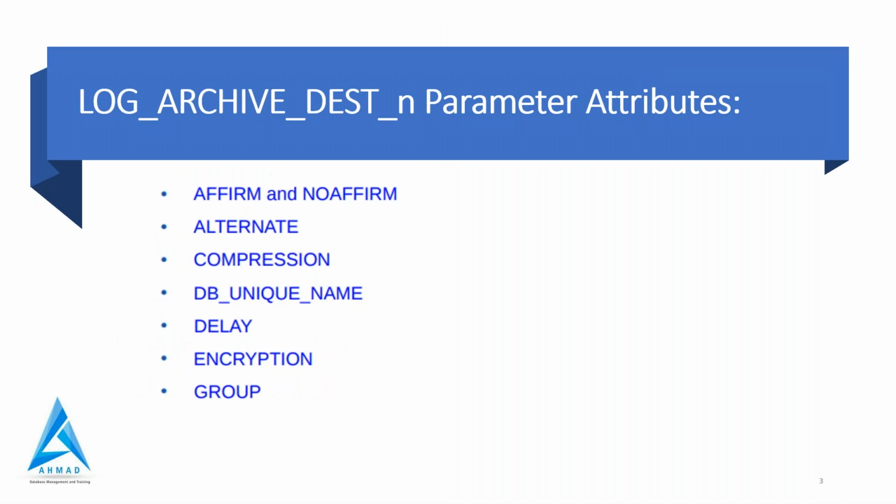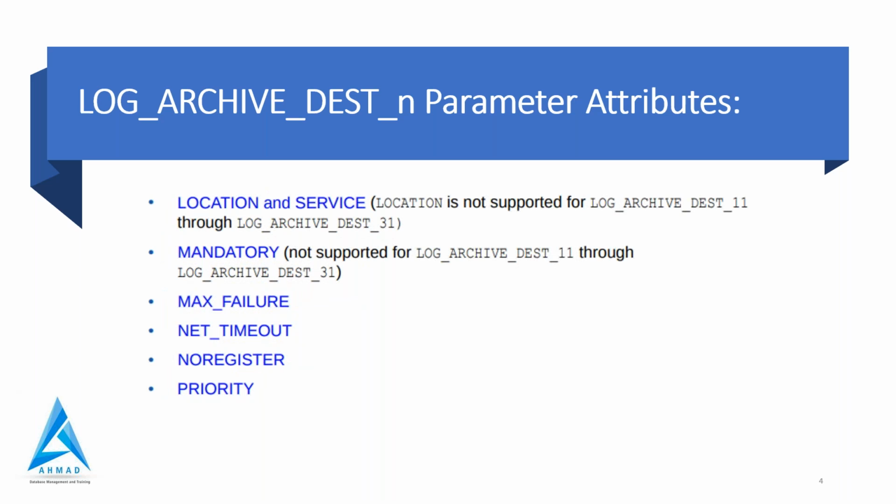From 19c we have 17 attributes. The first is AFFIRM and NOAFFIRM, then ALTERNATE, then COMPRESSION, then DB_UNIQUE_NAME, then DELAY, then ENCRYPTION, then GROUP, and then LOCATION and SERVICE. In LOCATION and SERVICE, LOCATION is not supported for log_archive_dest_11 to 31, because those are only for standby.